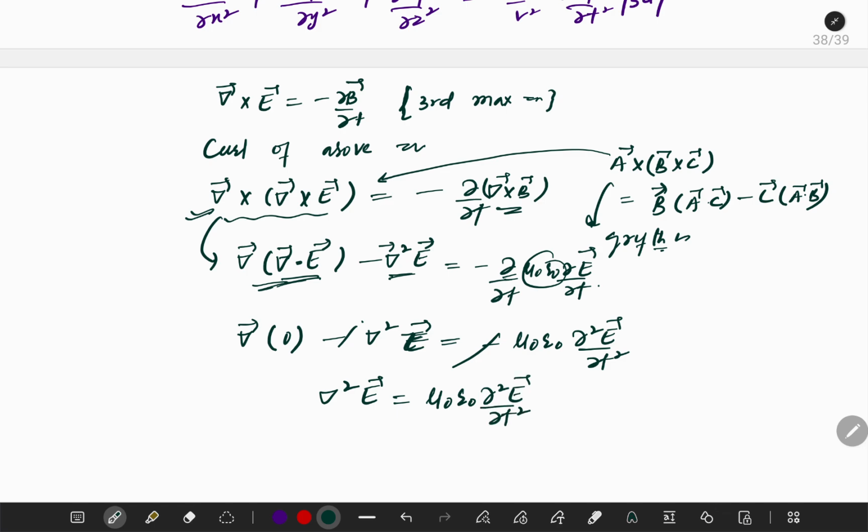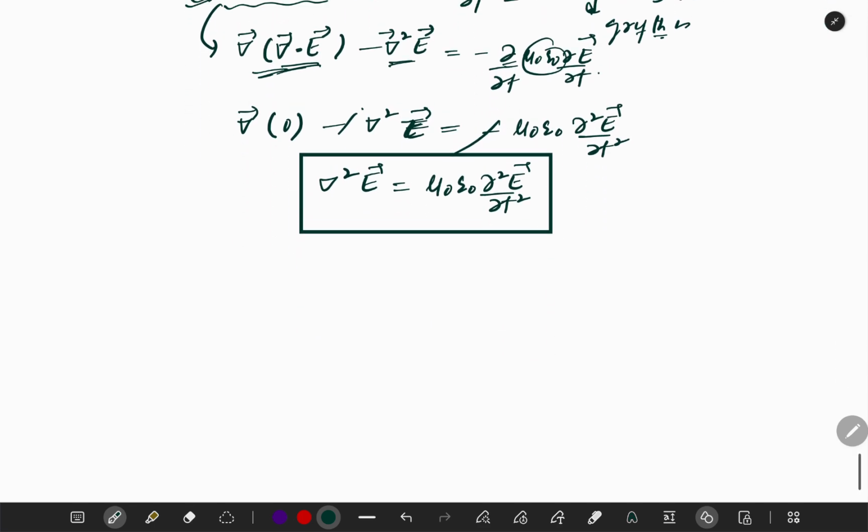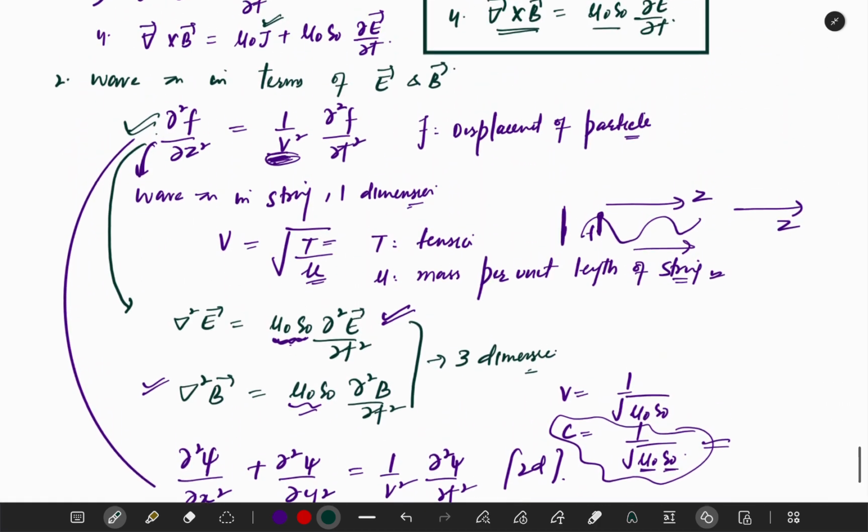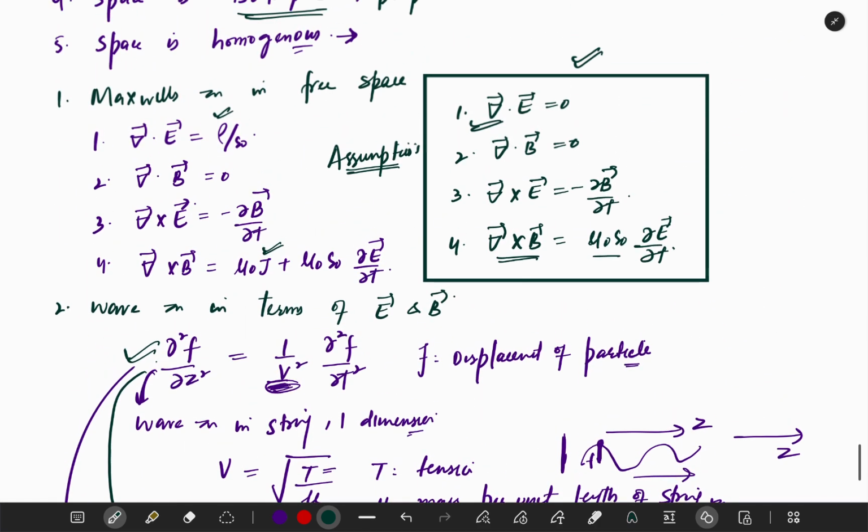This is the first equation in terms of E. You can do exactly the same in the other case. What we did first was take the curl of the third Maxwell equation.